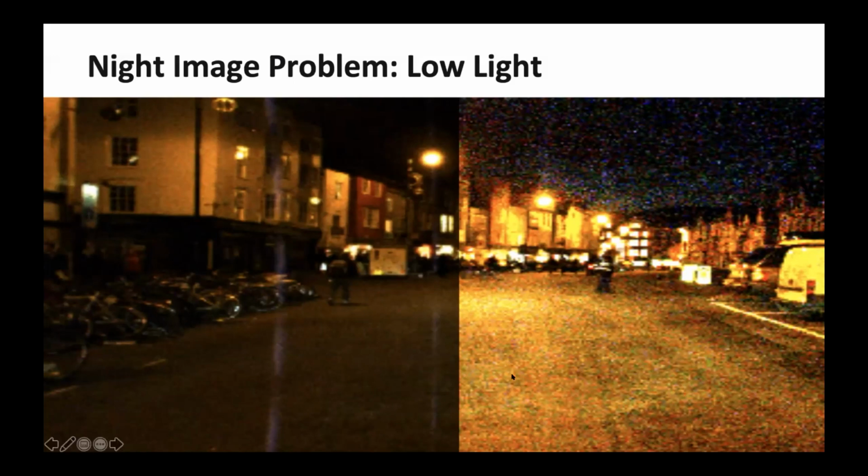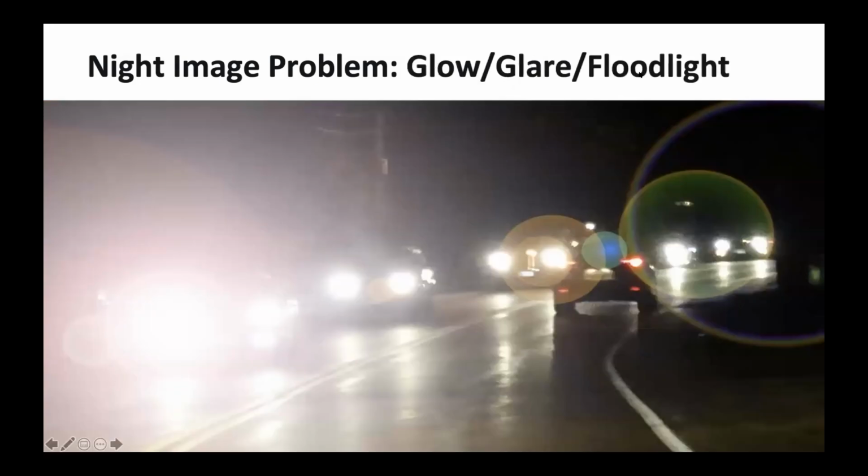And of course, we can see there's a lot of noise here as well, but this one is relatively easier because there is not much structure in the region. Okay, so aside from low light, if we pay attention to night images, we also have this glare or glow problem, or sometimes we call it flare lights as well.